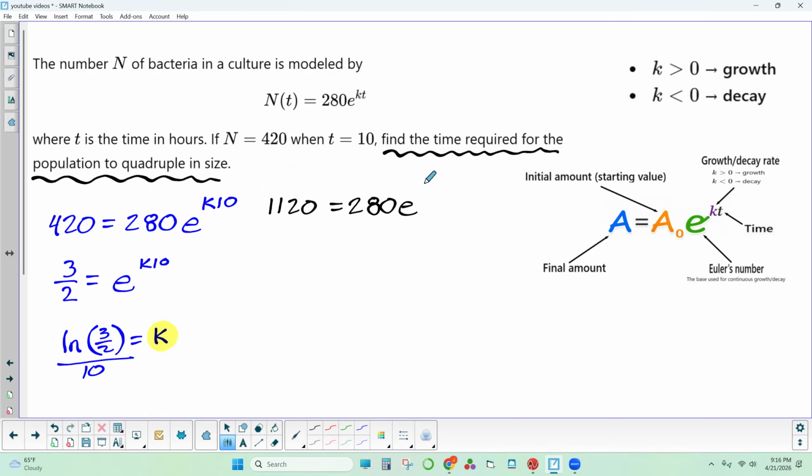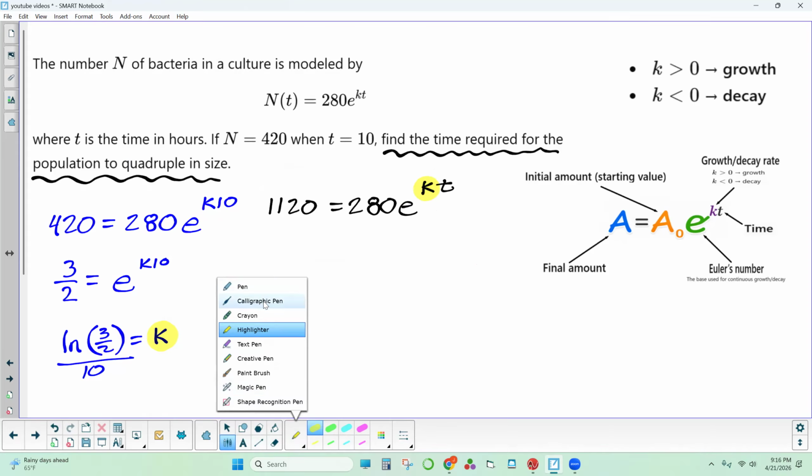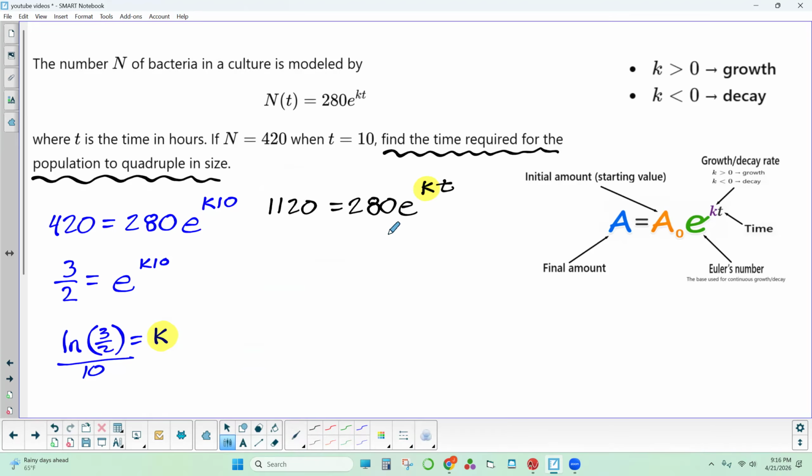Now I'm going to plug this in for my rate, and we are looking for the time it takes for this to quadruple. So I'm going to write this as a log again.